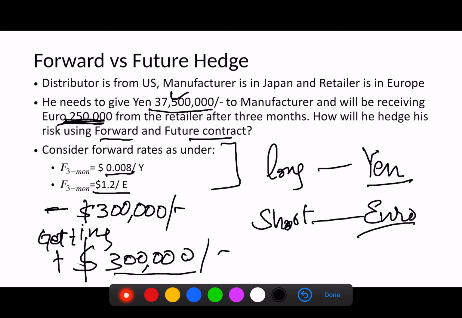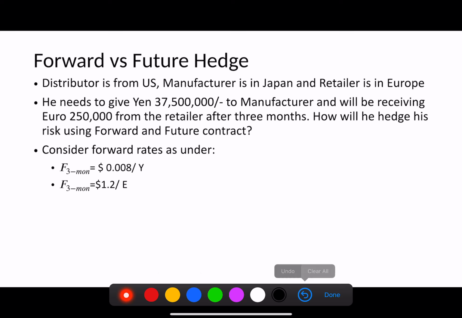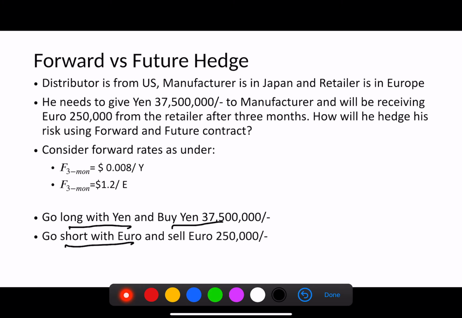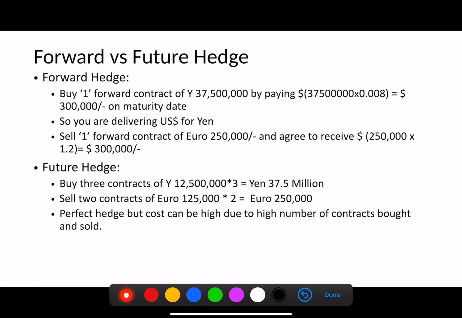So let's see what will be happening over here. Yes, you will go long with yen and buy this much Japanese yen. You will go short with euros and sell this much euros. So in the forward hedge, as I told in the previous slide, you will be buying one forward contract which gives you the 37,500,000 units of yen on a specific date, on a maturity date, which is after 3 months.